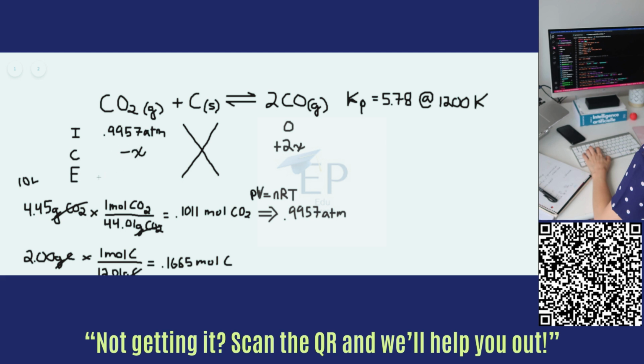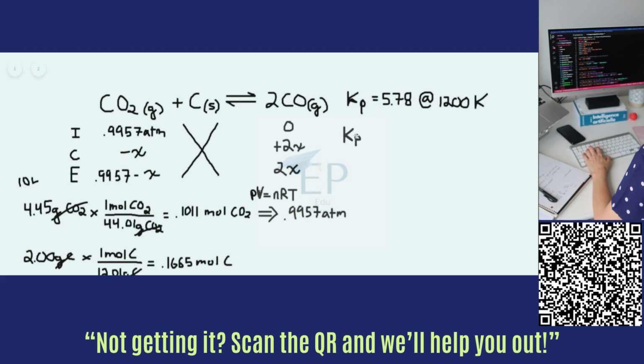So I can write the equilibrium amount in the equation, 0.9957 minus x and 2x. So the initial plus the change gives us the equilibrium concentration.